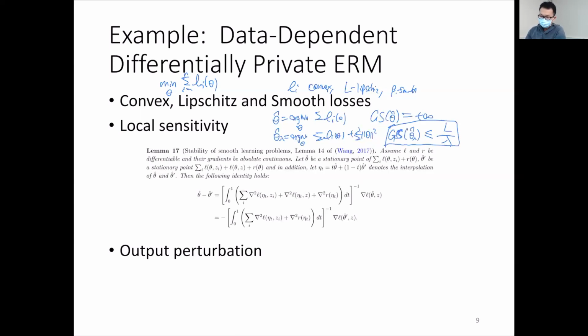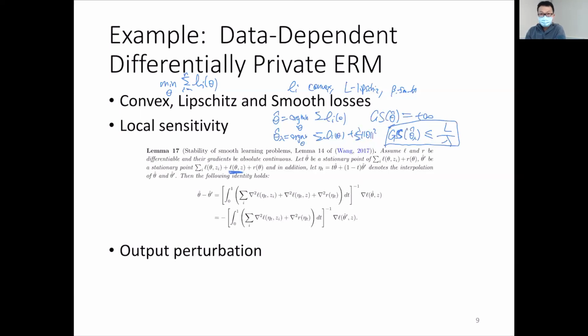So this lemma below characterizes the local sensitivity, the kind of perturbations that you have from one theta to another when you add or remove one individual data point. Let's say that this additional data point that we add is this little L. By simply using Taylor's theorem, you can prove that.